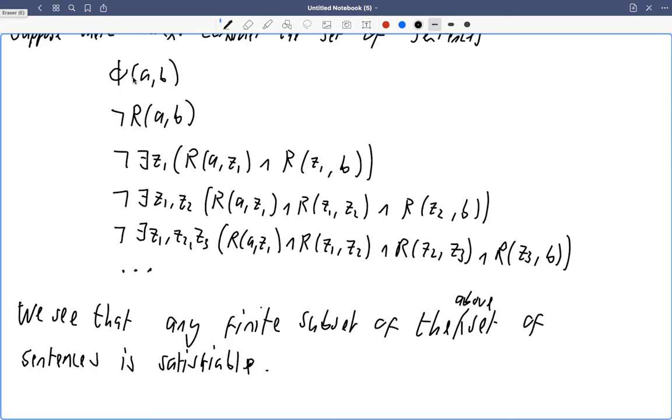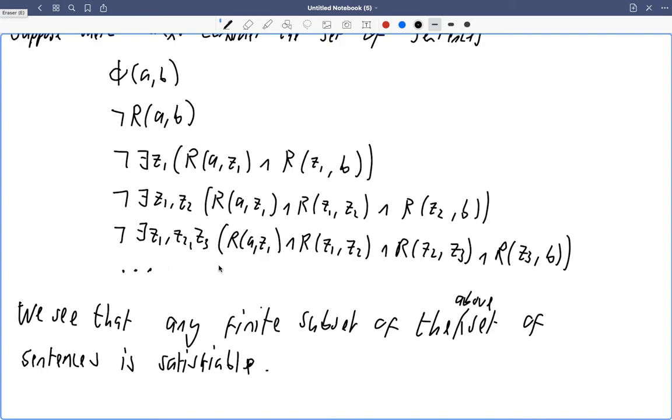And then we can find a model of all of this by simply defining a structure in which B is reachable from A in exactly n steps, and this is true, and all the other sentences will be true, and the one that's saying that B is not reachable from A in n steps will not be there.